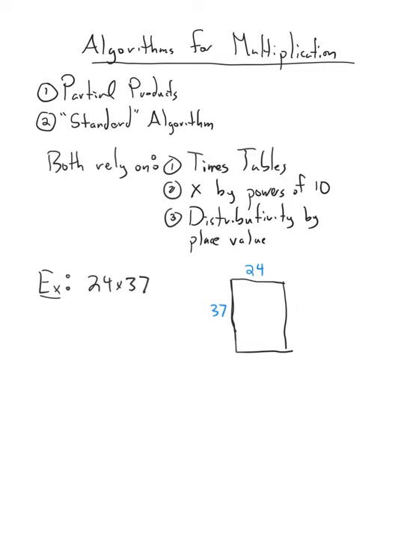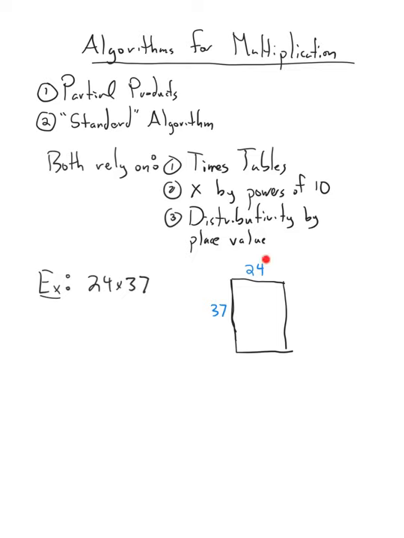Now remember, if we know how to multiply by powers of 10, and we automatically know all of our single-digit multiplications, if we can intelligently break up this chocolate bar or use the distributive property to help us out here, then we're just going to use these ideas. And of course, the way we're going to do it is we're going to break it up by place value.